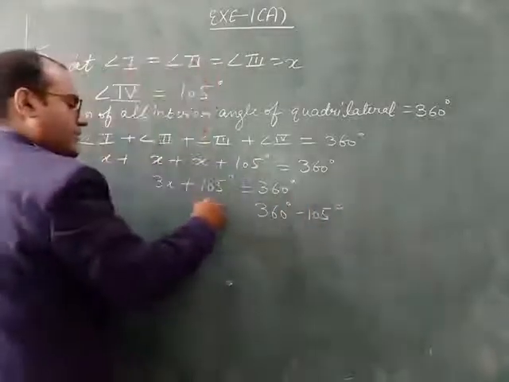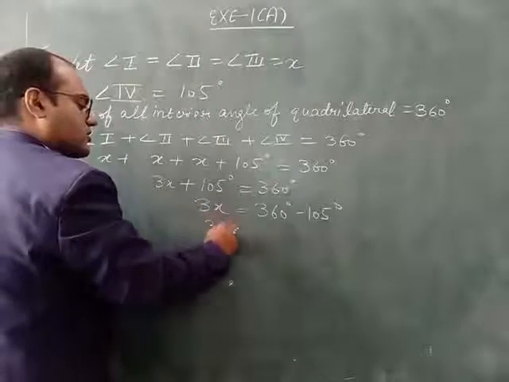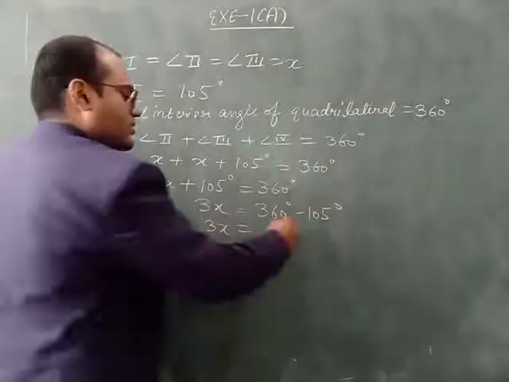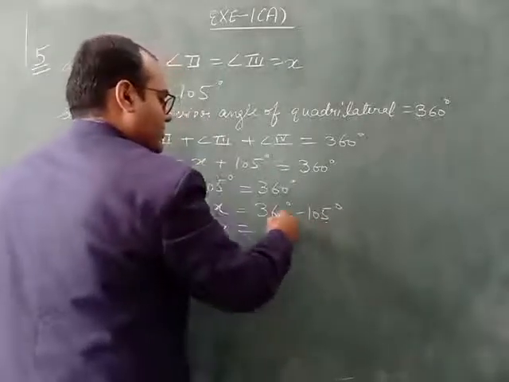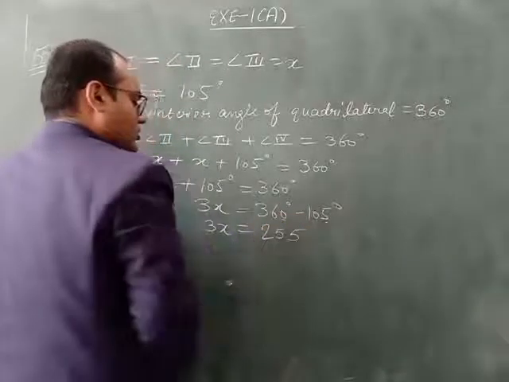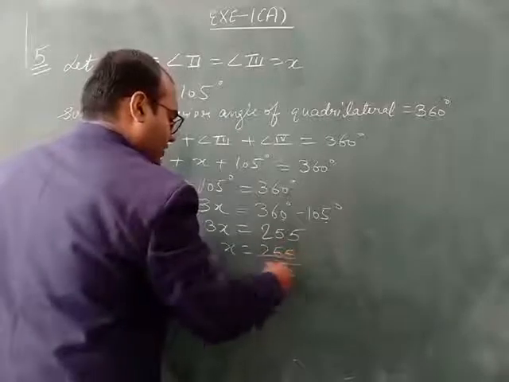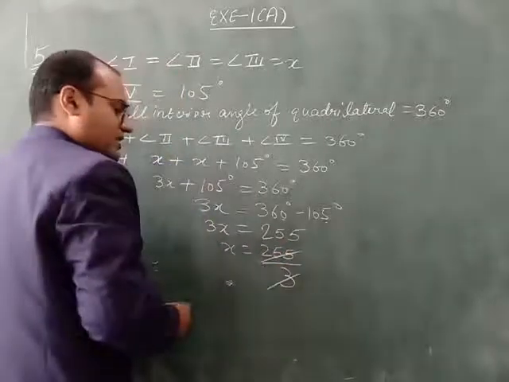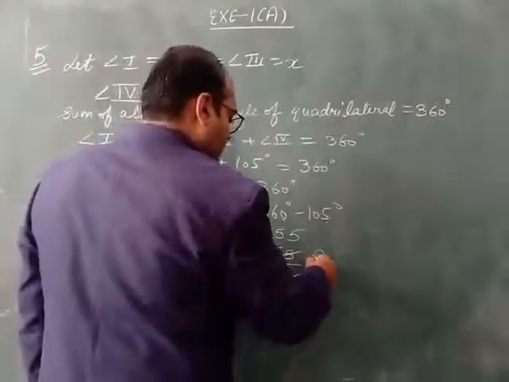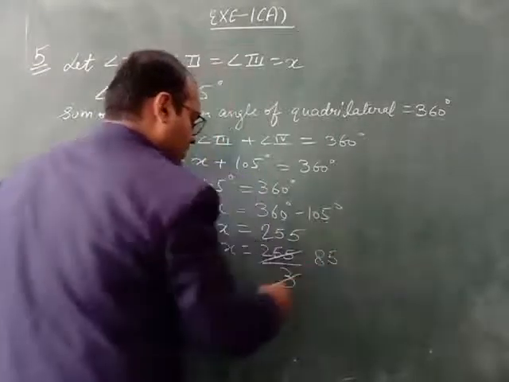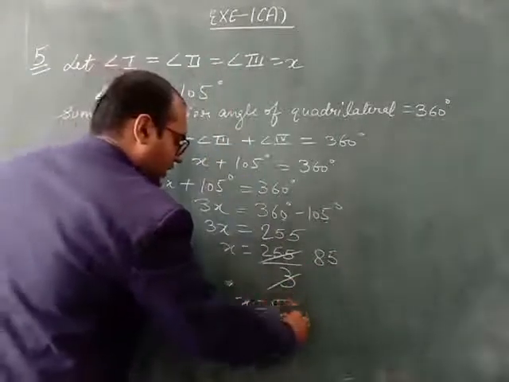On the left hand side the remaining term is 3x. So 3x is equal to 360 minus 105, which is 255. Now x is equal to 255 divided by 3. On cancelling, 3 8s are 24, 3 5s are 15. So x is equal to 85.